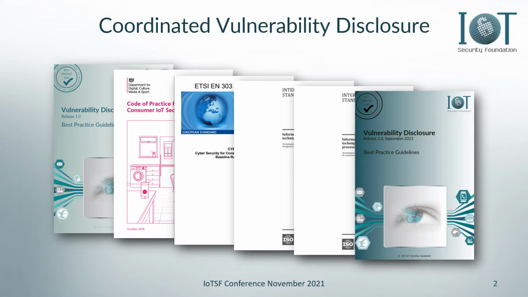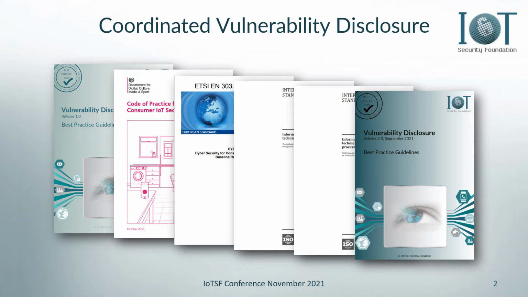Now, many regulatory authorities around the world are adopting the standard, and the ISO have also updated their standards, ISO 29147 and 30111. The direction of travel is clear here. Fixing vulnerabilities in connected IoT products is a basic requirement.